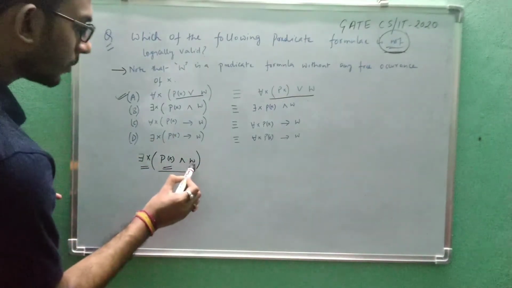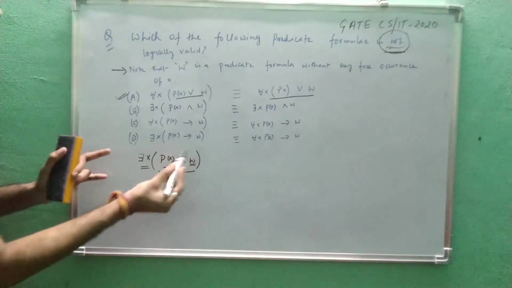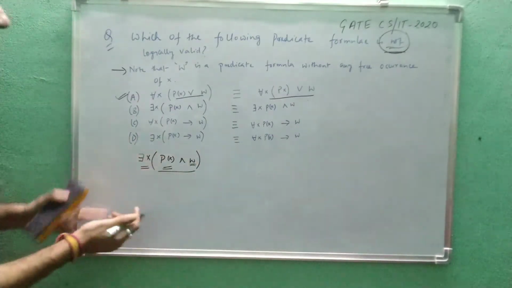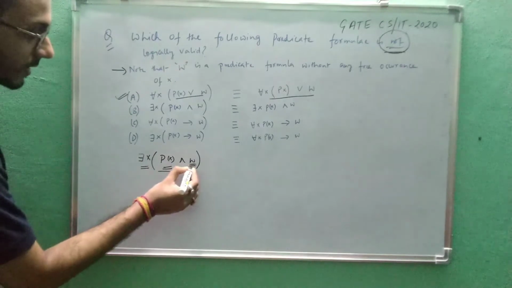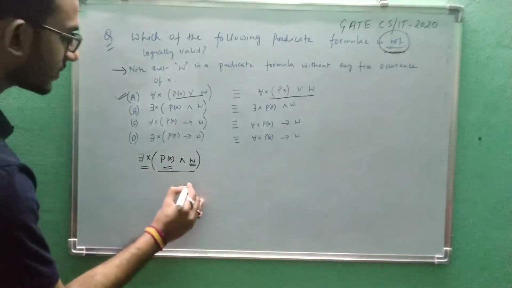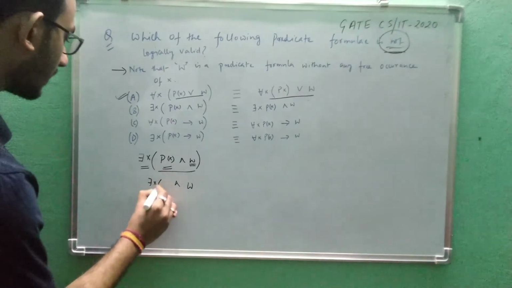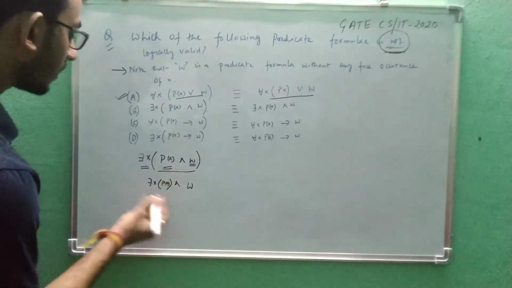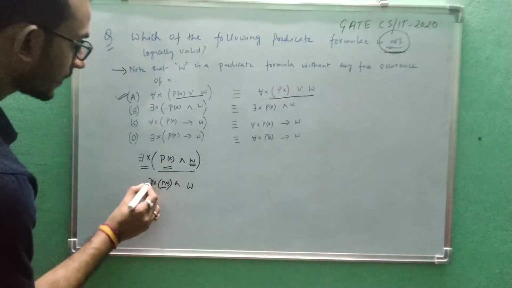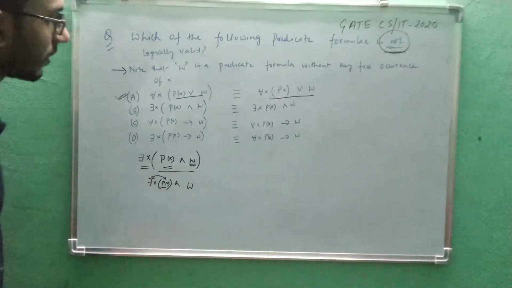W is not even dependent on x, so W doesn't care about x, so it will be a separate entity. And x will solely be related to P of x, and the relation will only be drawn there.